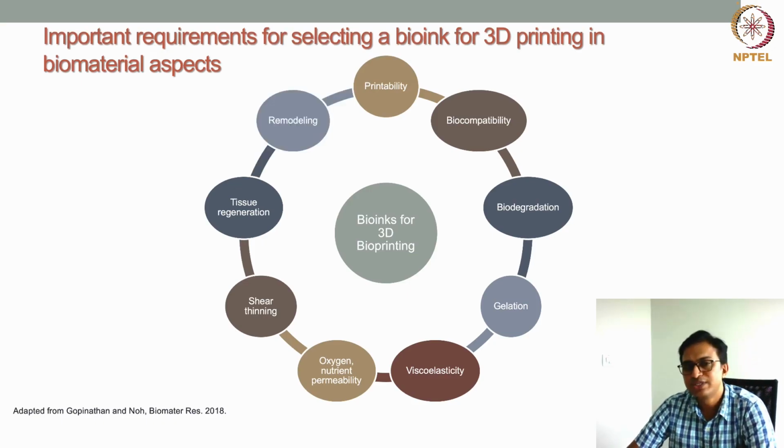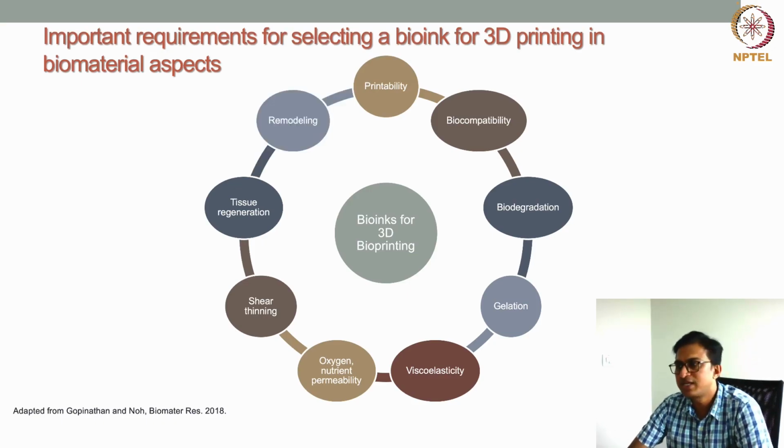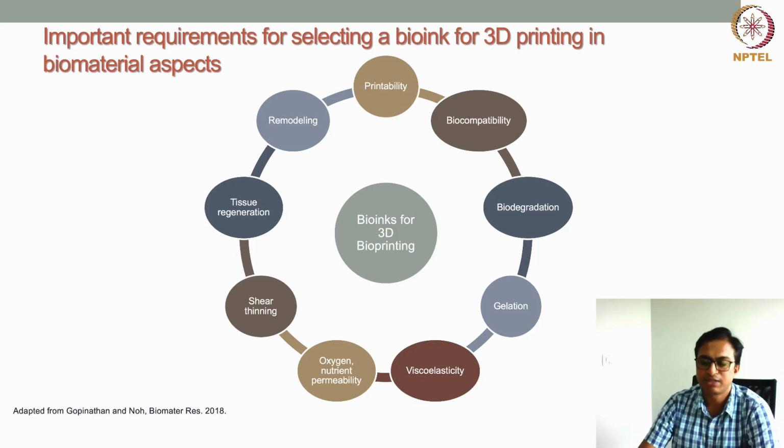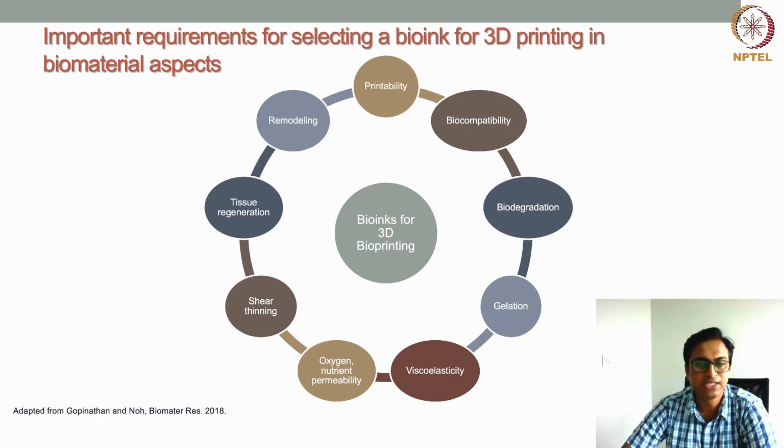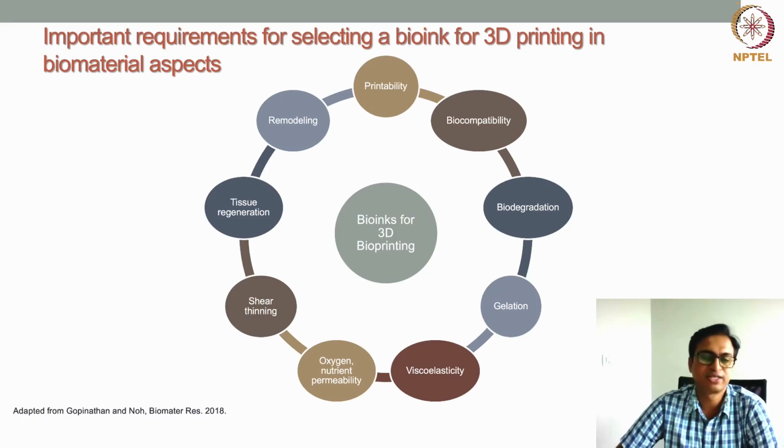Then also the remodeling, as we have discussed earlier: the biomaterial should be biodegradable. After bioprinting the structure, the biomaterial degrades, and it leaves space for the cells to deposit extracellular matrix, right?